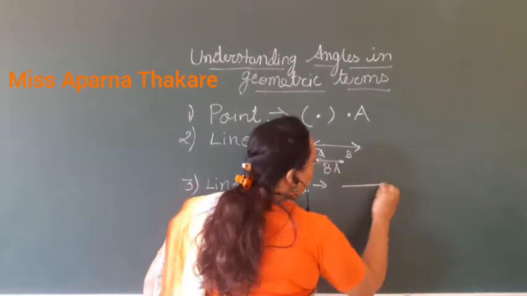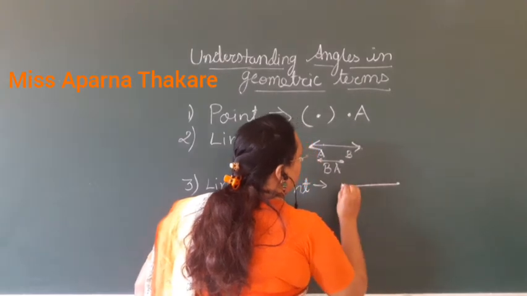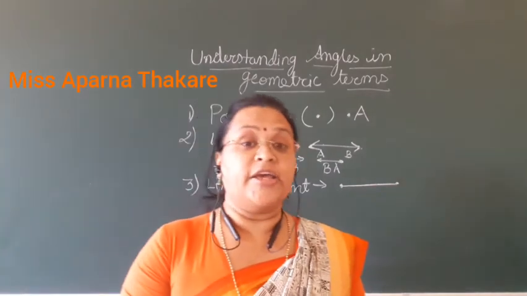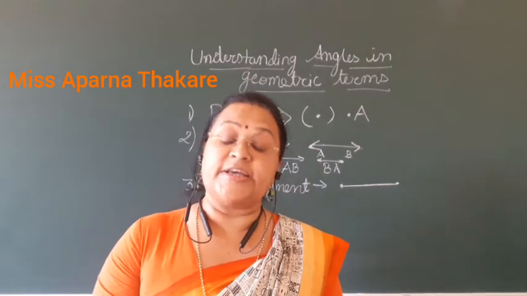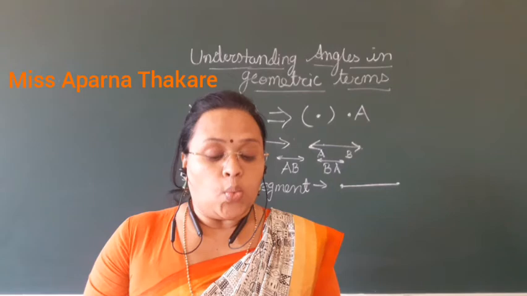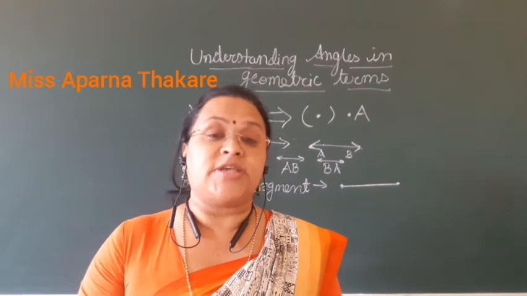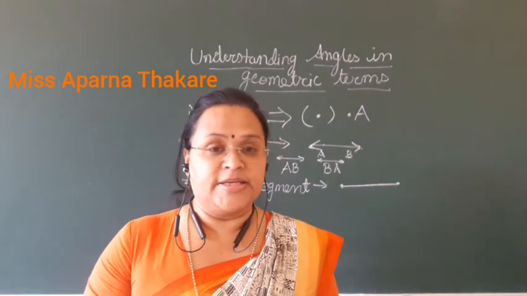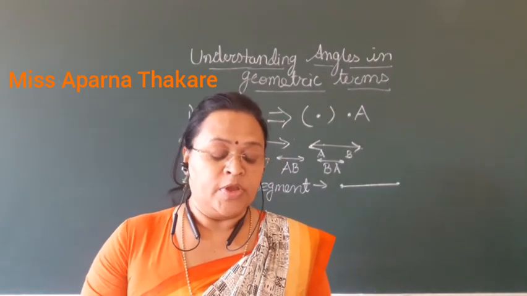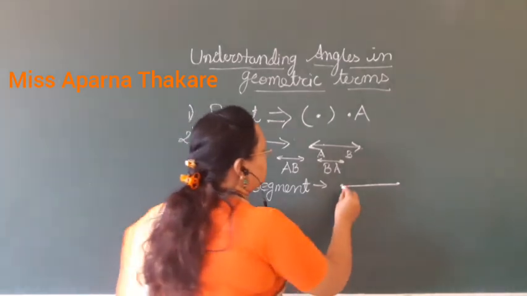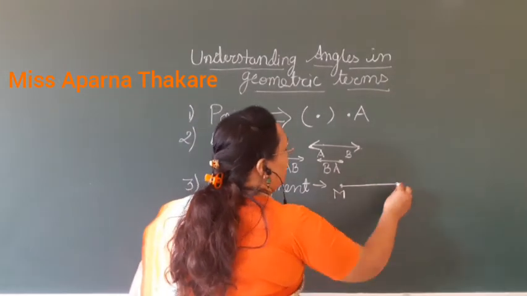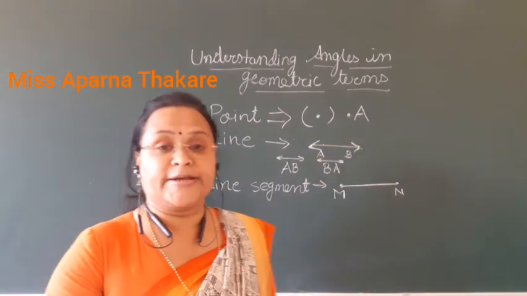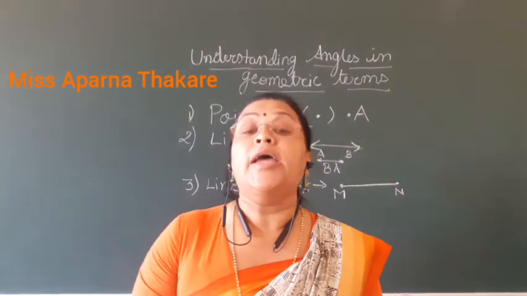It means we can give this line two end points. Okay, the line is there, and we give two end points. So this says that it has two end points. We name it by its end points. The symbol for the line segment is shown in your book. This point is named M and this point is named N. We name points by letters only, we should not name them by numbers.